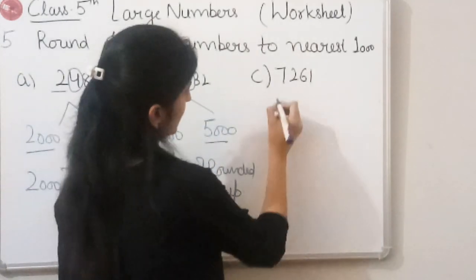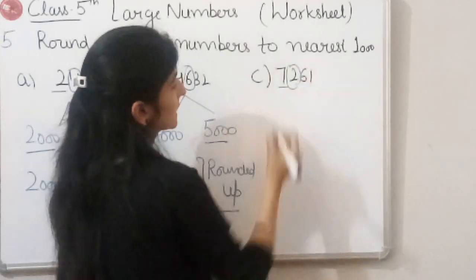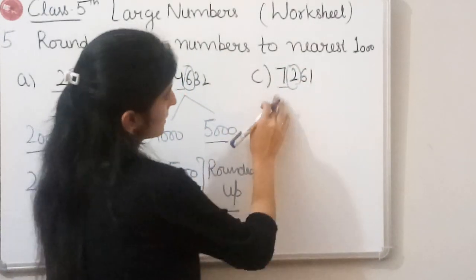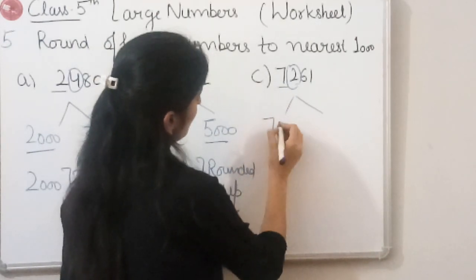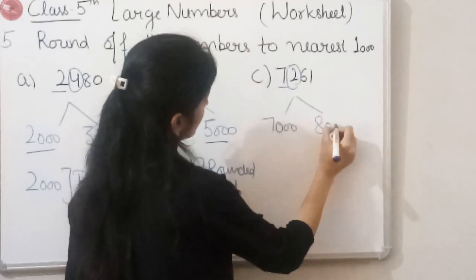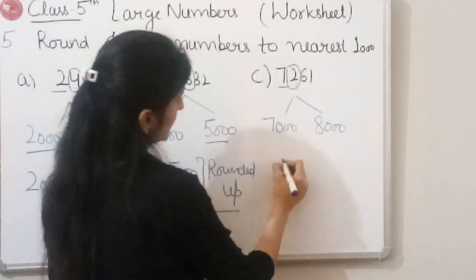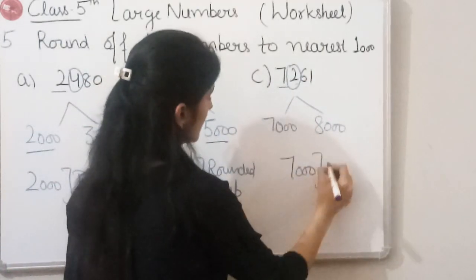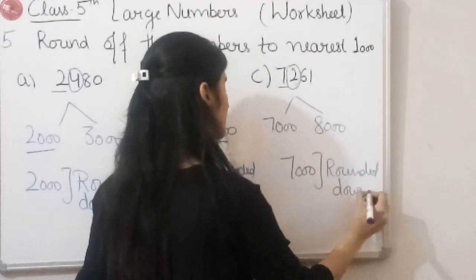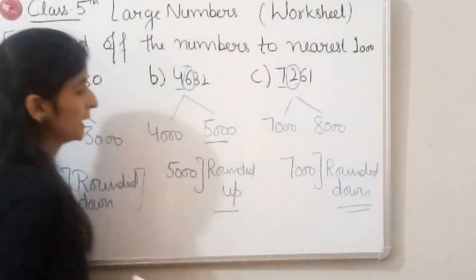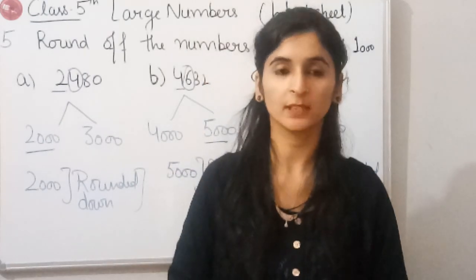In C part again we will underline the digit on thousands place. Highlight the digit on its right. Now we should know where it lies. It lies in between 7000 and 8000. This 2 is less than 5. So this will be rounded down to 7000.